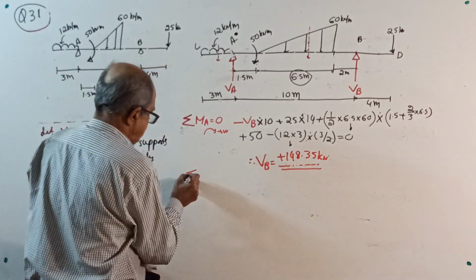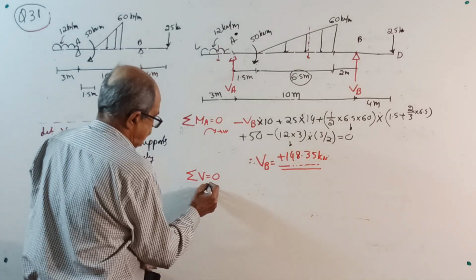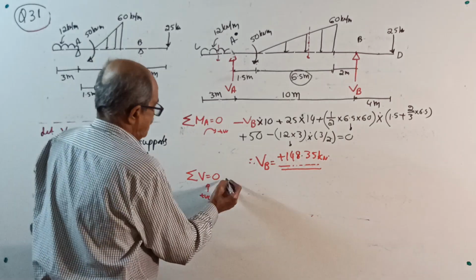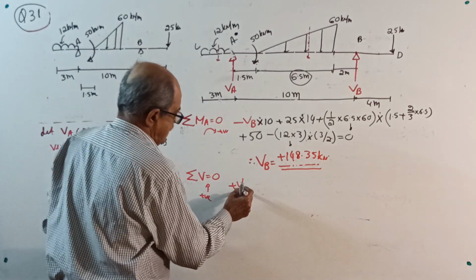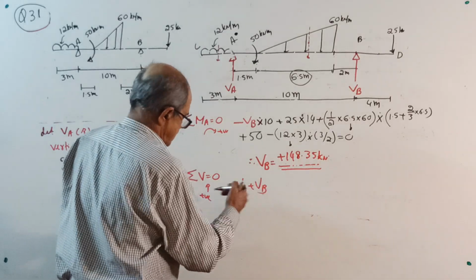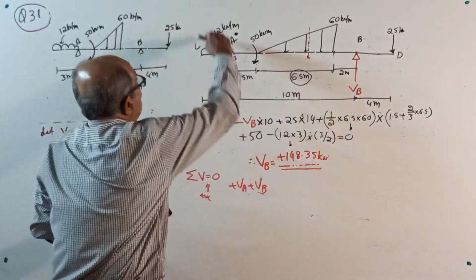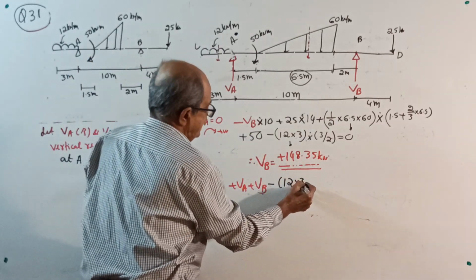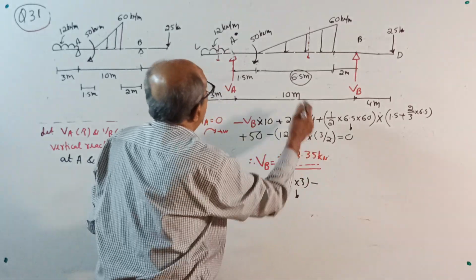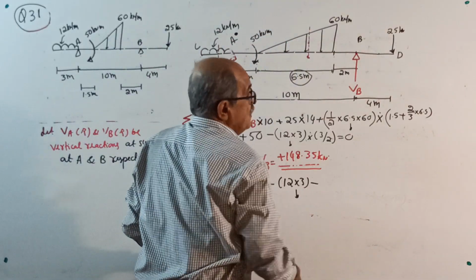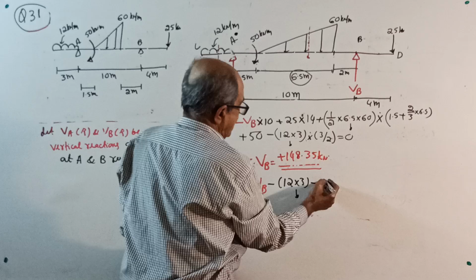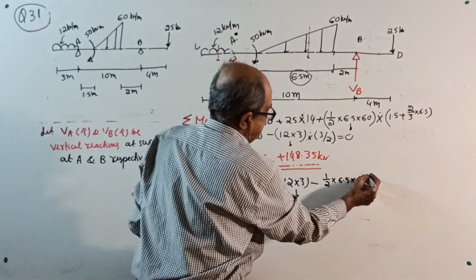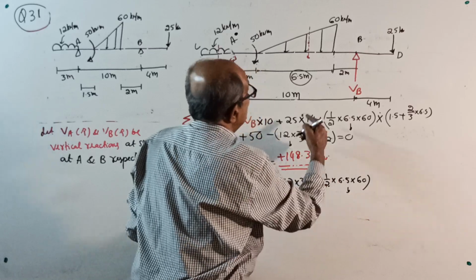Okay, now I do one thing. Sigma V equals 0, upward positive. Only load this time, no distances. Plus VA plus VB, minus this load, 12 into 3. This is a load. Couple is not there. Couple is not considered for load. Minus half into 6.5 into 60 is the total load. That's all.